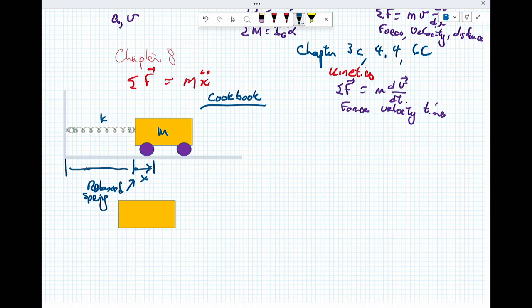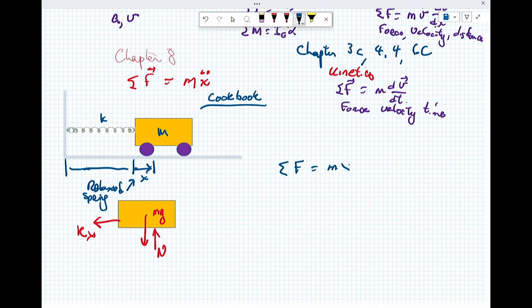So if I look at this right here, I have weight acting downwards, I have the normal force acting upwards, and I have kx. And kx is just the force that comes from the spring because it wants to pull it back to the left. I've stretched it, it wants to push back.